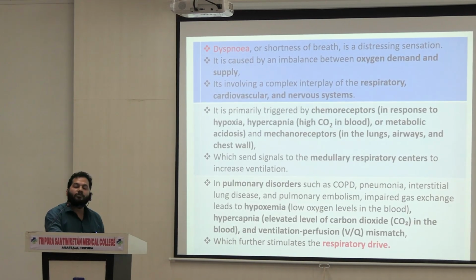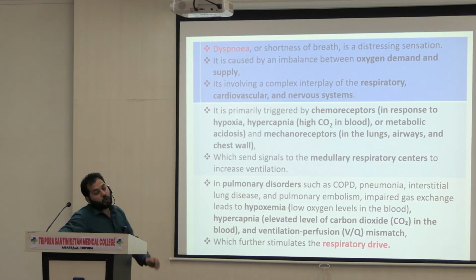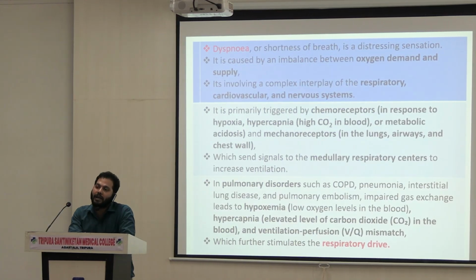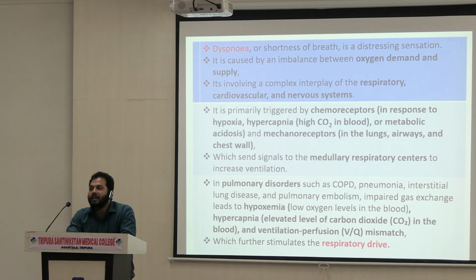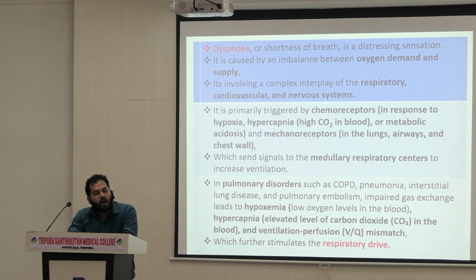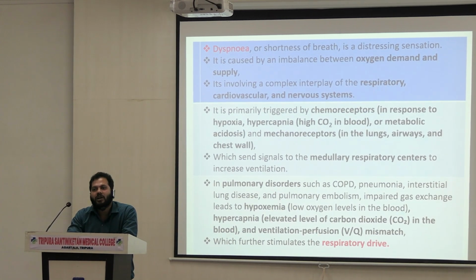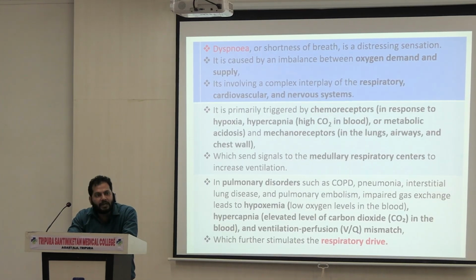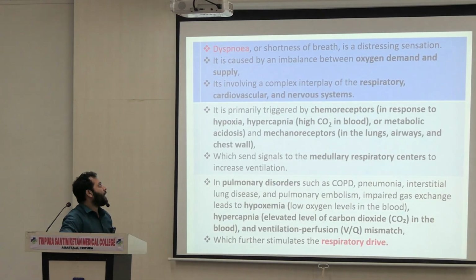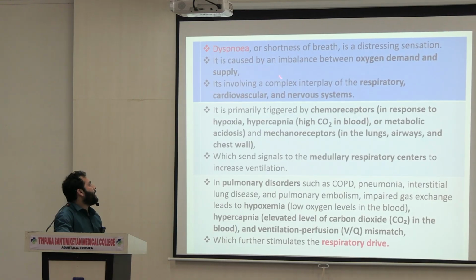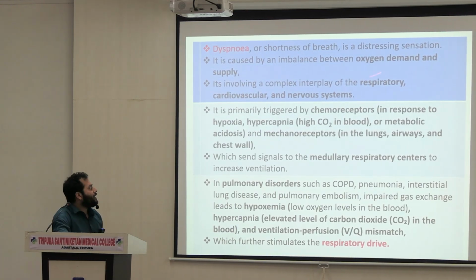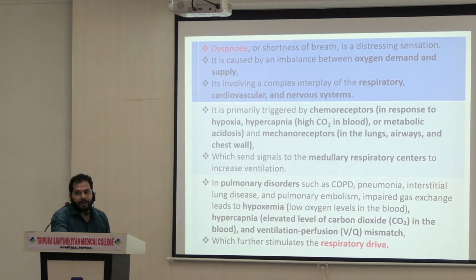As you know, for cellular respiration or to produce energy for metabolic activities, cells need a sufficient oxygen supply. Also, they need the removal of carbon dioxide waste materials. But in this particular breathing abnormality, you will find some imbalance. So what is the imbalance here? It is the imbalance between oxygen demand and oxygen supply, right?